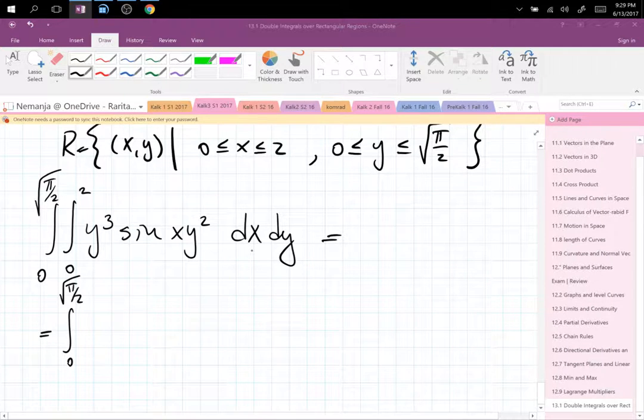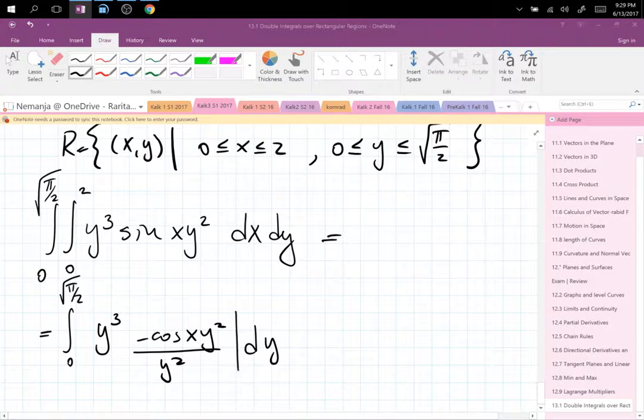As I integrate x now, y is a constant, so I copy y cubed. Integral of sine is negative cosine xy squared, and the y squared comes out. You see that? It comes out as a constant, and then, right? You don't have to do integration by parts now.